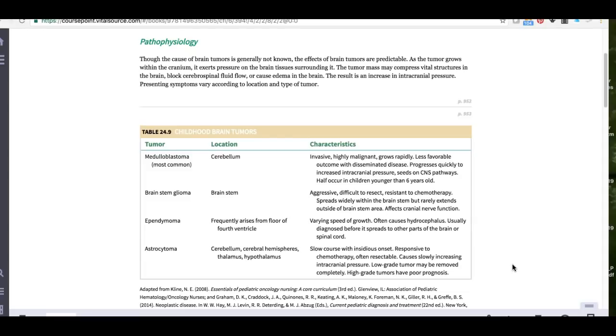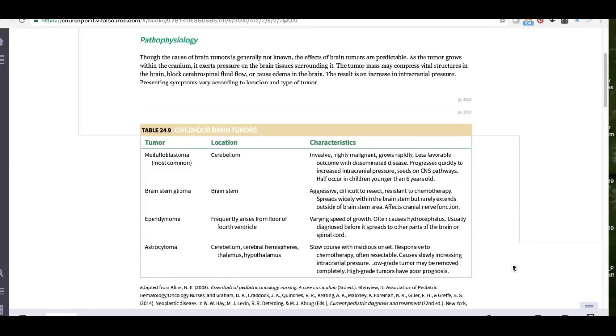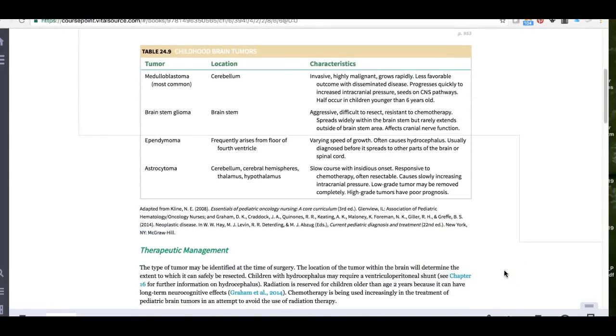The vessels in the back of their eyes are very engorged, so that can be a sign or symptom of a brain tumor. Okay, but most of the time it's a physical milestone change. They're stumbling, they fall, they have headaches, some sort of physical increased intracranial pressure symptom.